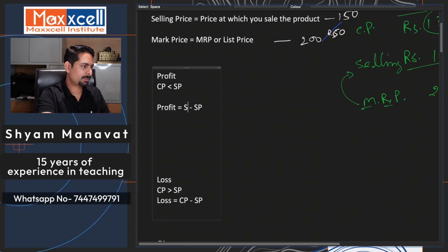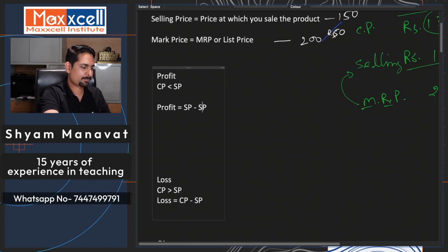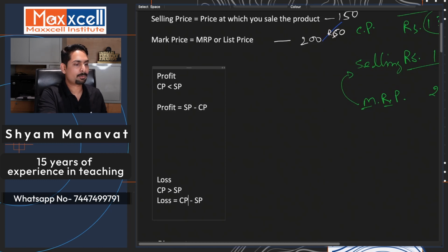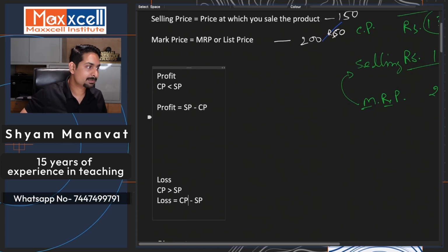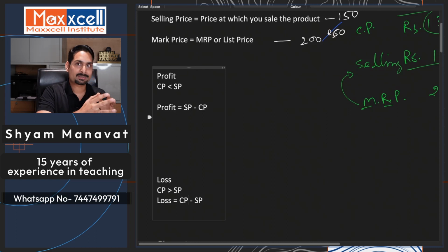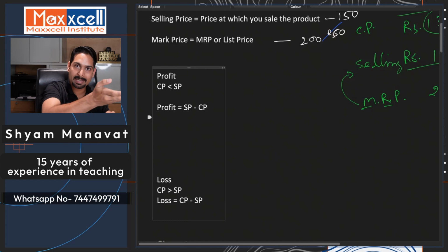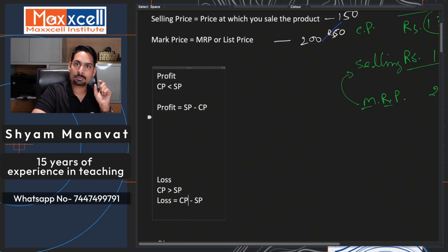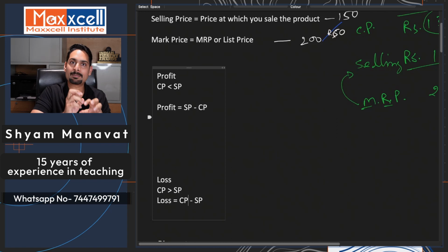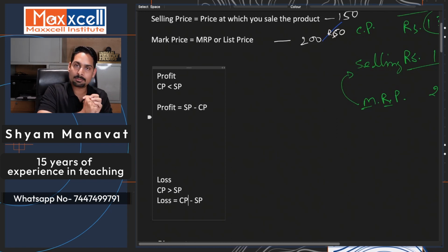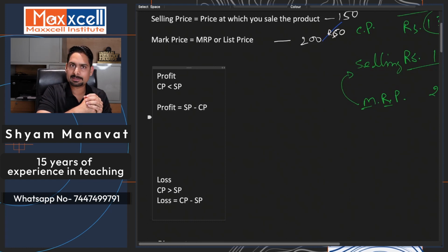The difference between selling price and cost price is going to be profit. Let me repeat this. If a product is costing you less and you're selling at more price, that's where you earn profit. So in which case do you have profit? When selling price is more than cost price. What is the profit value? Profit value is the difference between these two prices.